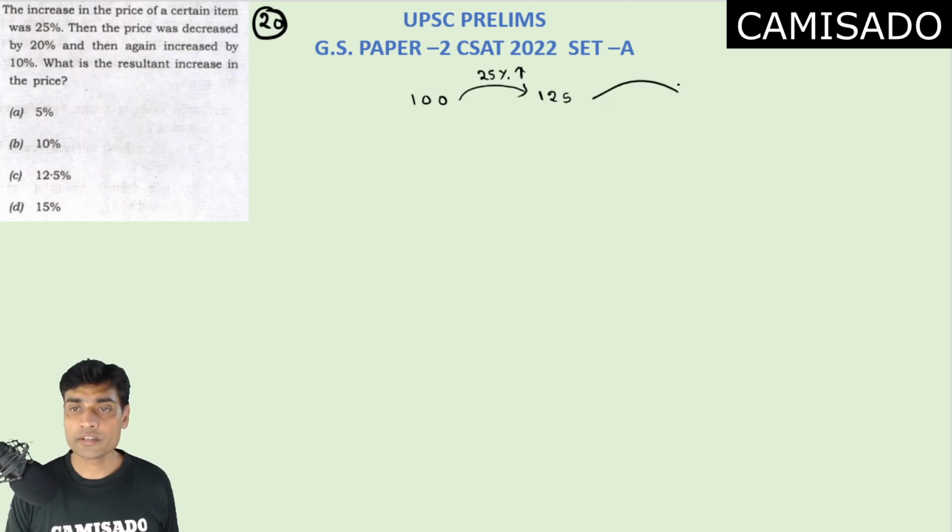Again when there is a decrease of 20%, the price will be 100 again, and then with a 10% increase, the price will be 110. So the resultant increase in price is 10%.